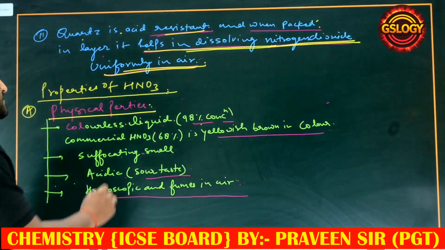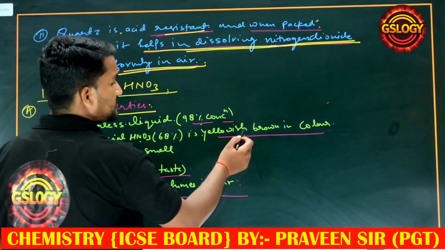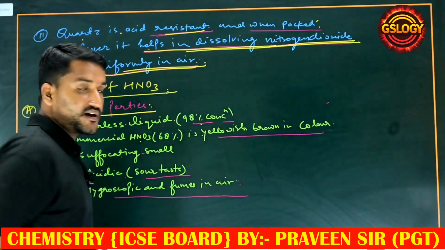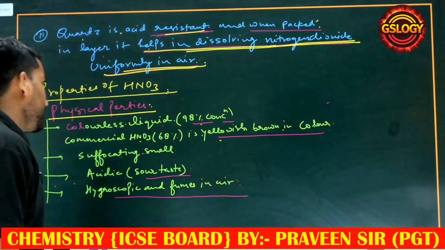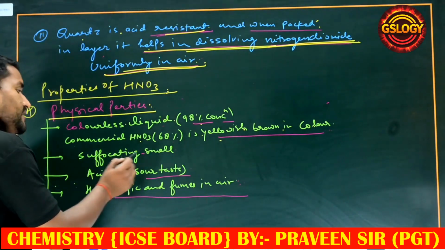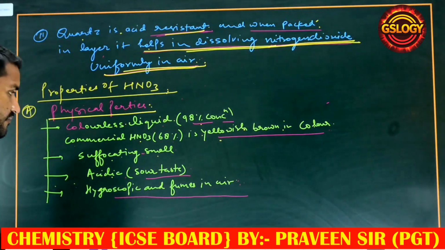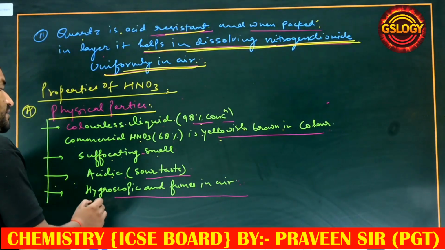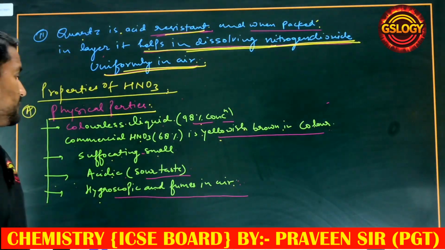The commercial nitric acid, 68%, is yellowish brown in color due to the presence of NO2, has a suffocating smell, is acidic in nature with a sour taste, is hygroscopic, and fumes in air.